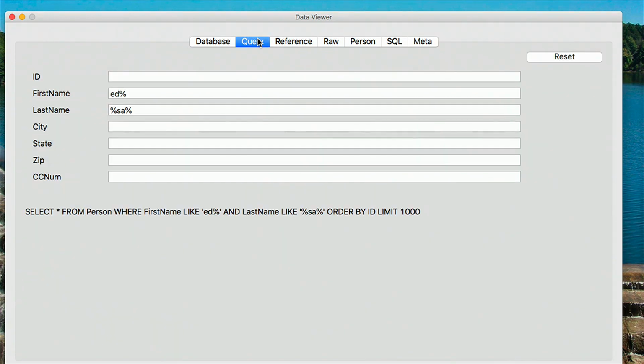Okay, I might have a comment. Go ahead, Jeremy. In practical use, people don't search for a name with just SA. Yes, the comment is that in practical use, people don't typically do a contains search on a name, and that's right. In my experience, they'll do a starts with search, if anything.